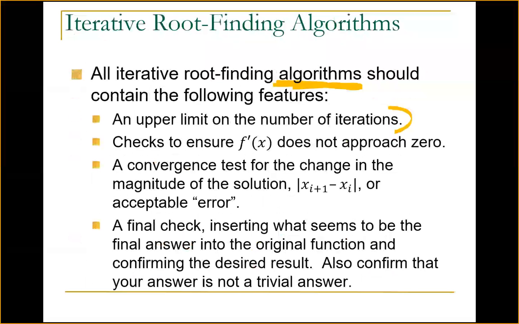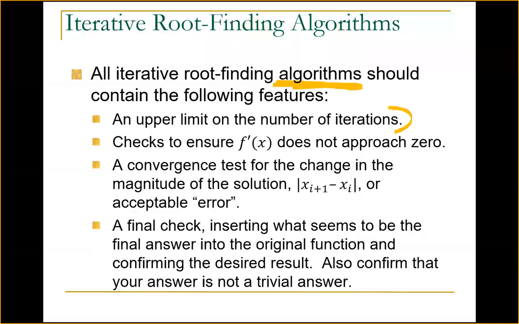And finally, it's always wise and healthy to take the answer that you say you're sure you got and plug it into the original question. Remember that the algorithm may not have had the function in its original form. You may have done some manipulation of your function before you put it in the algorithm.